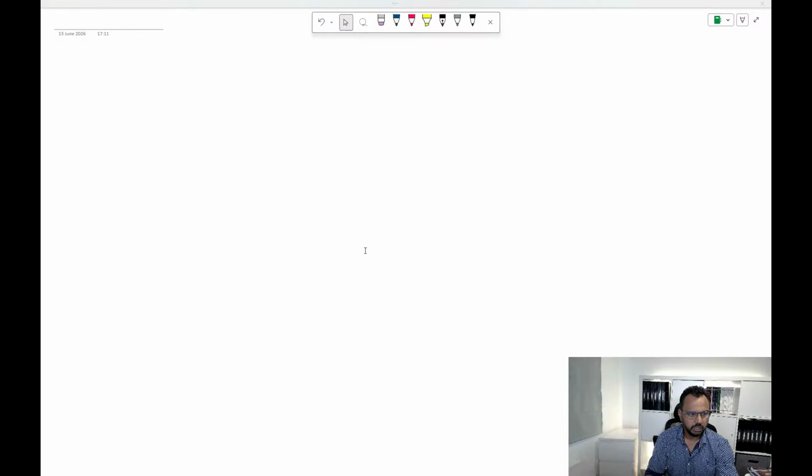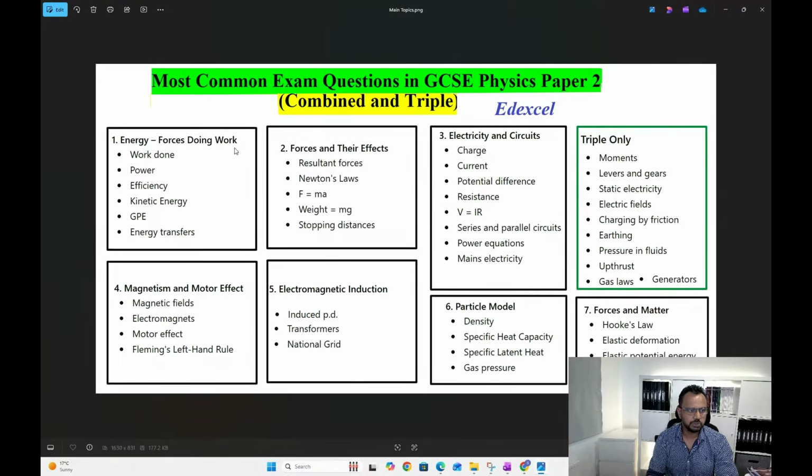Now, let's quickly go back to this one. So this is what we've been discussing. We just discussed the first part here, and the second one is about the resultant force and things like that. So remember, the resultant force is the overall force on an object.